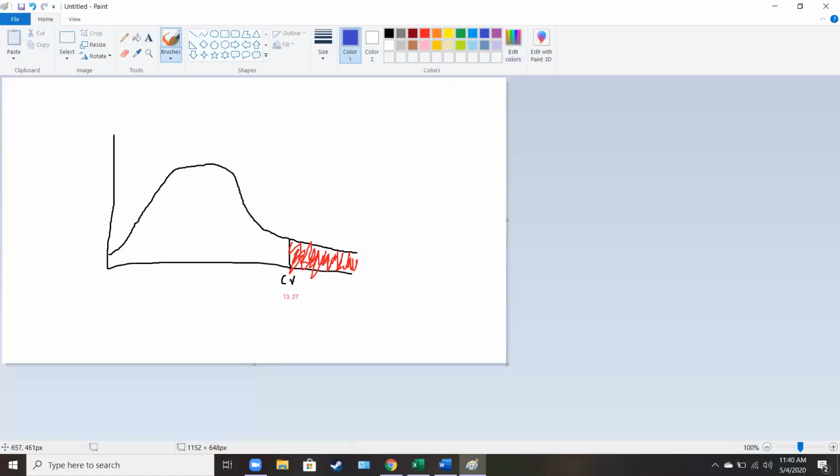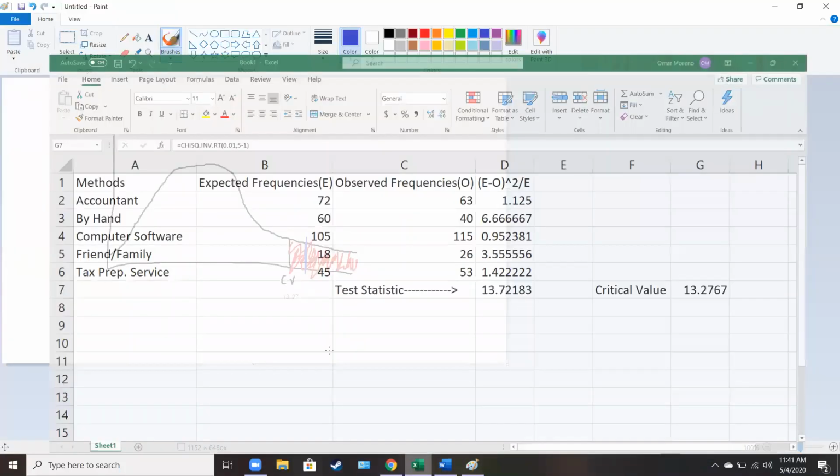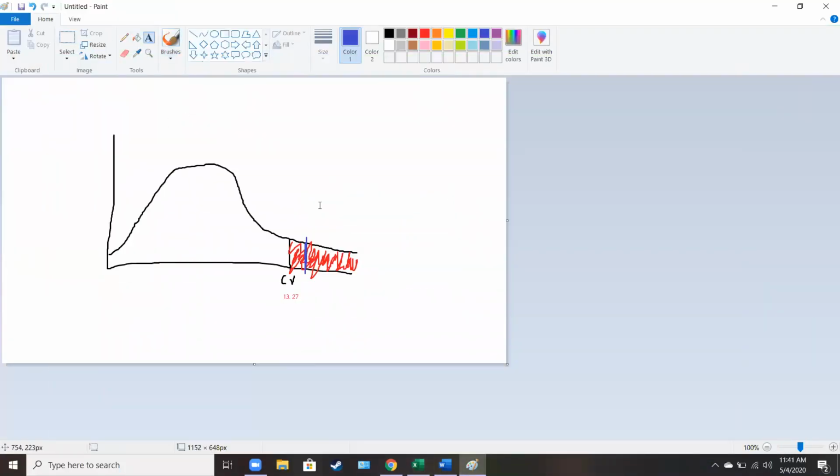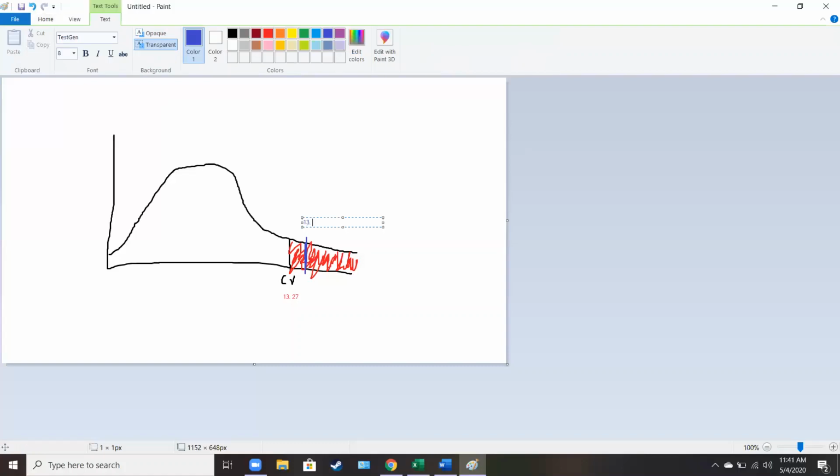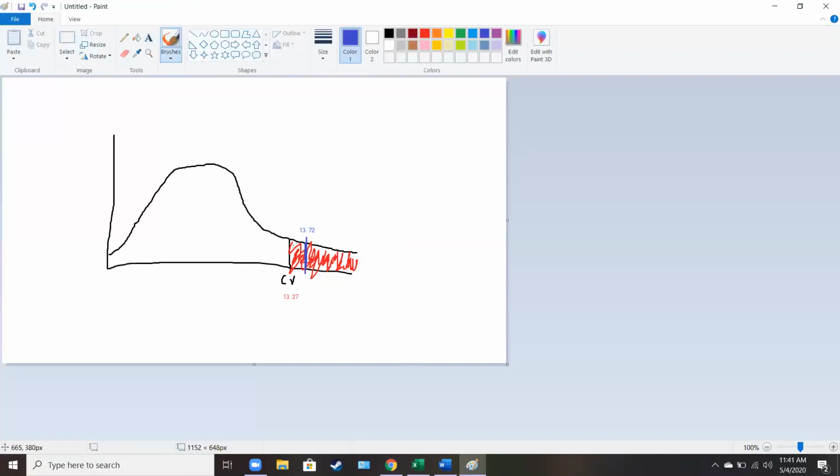So 13.27 is this kind of threshold, and then we get something barely to the right. What did that end up being? 13.72. Okay, so because our test statistic is in the rejection region, we are going to reject the null hypothesis.